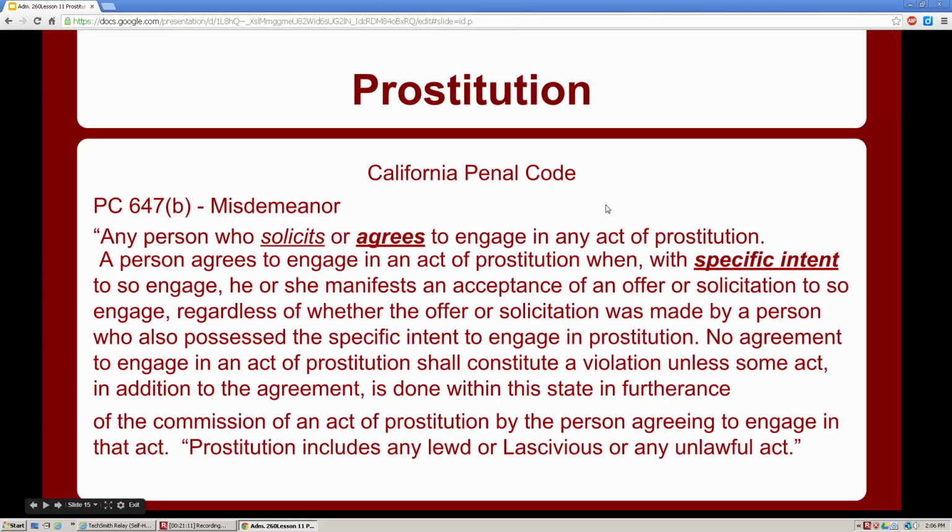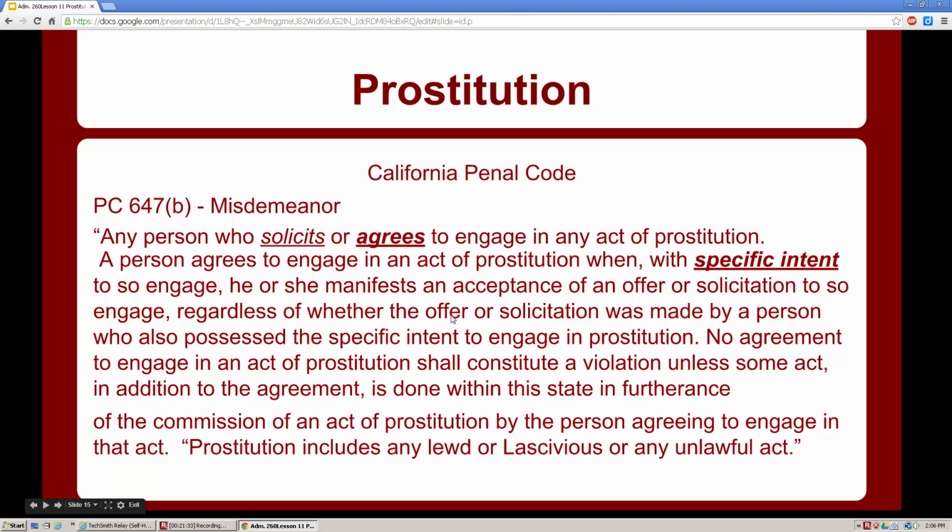And again, engaging in an act of prostitution if there's the exchange of money or material gain or any type of consideration. So both people do not have to agree to it to be guilty of it.